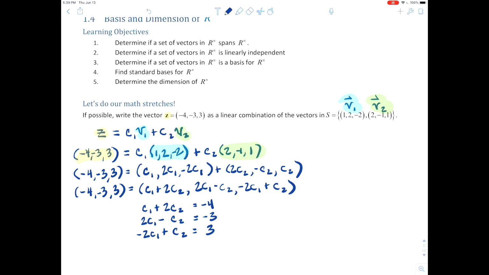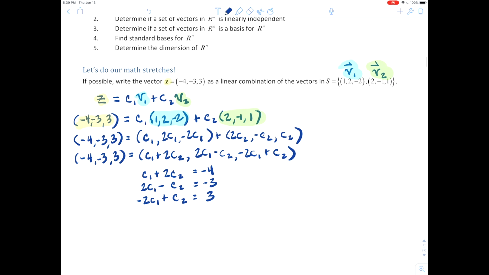Cool so far? All right, well, let's put this into the corresponding augmented matrix. We'll have 1, 2, -4, 2, -1, -3, and then -2, 1, and 3.